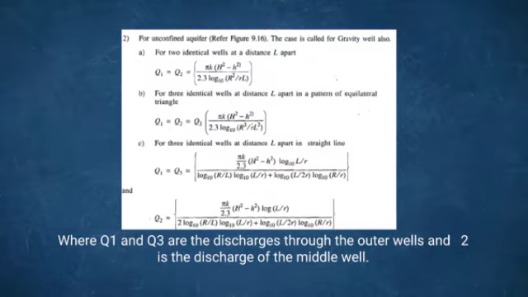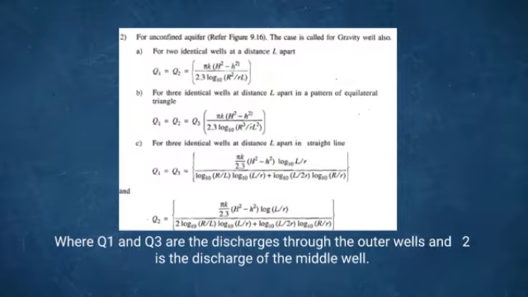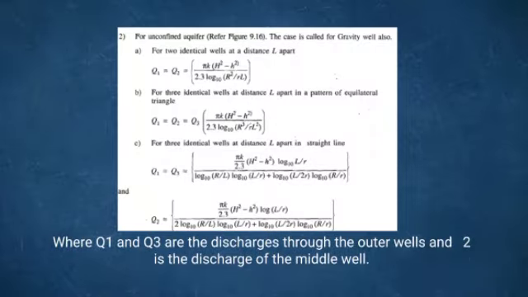For three identical wells at distance L apart in a pattern of equilateral triangle, Q1 = Q2 = Q3 = πK(H² − h²) / 2.3 log10(R³/(rL²)).